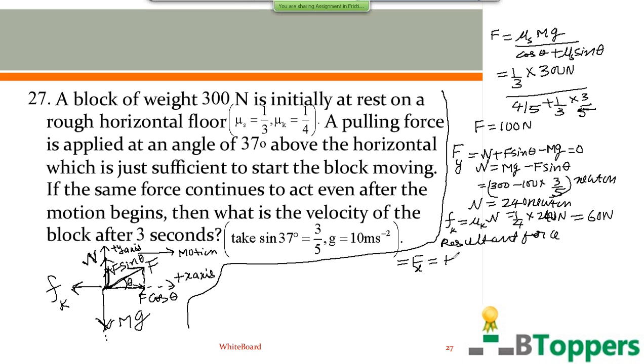So the x component of the resultant force is equal to F cos theta minus Fk. Here F equal to 100 newtons, cos theta is cos 37 degrees, which is equal to 4 by 5, and the magnitude of kinetic friction is 60 newtons. Therefore, the magnitude of the x component of the resultant force on the block will be 20 newton.